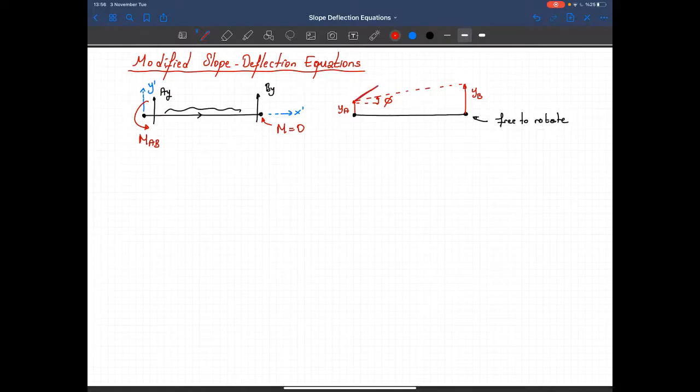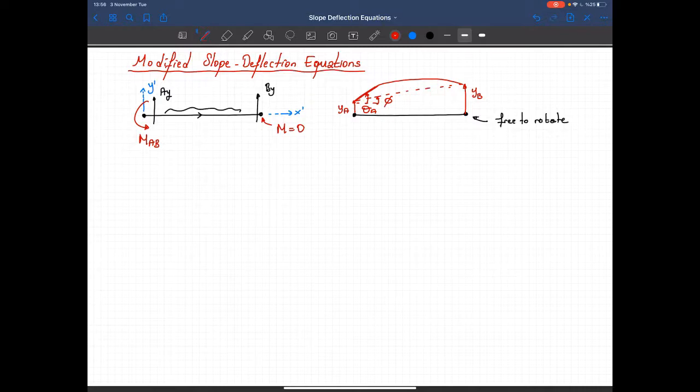Now I have a rotation here, theta A, and the far end is free to rotate. And of course, we can have theta B here, but you will see that we will not need it to derive the equation for MAB. So that's why I'm not showing it.